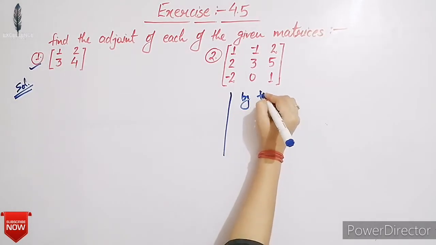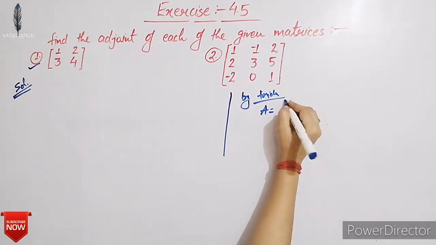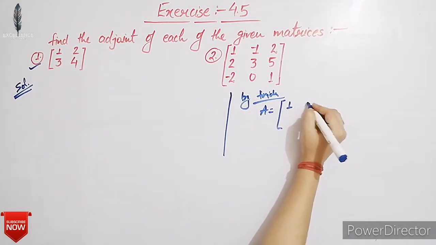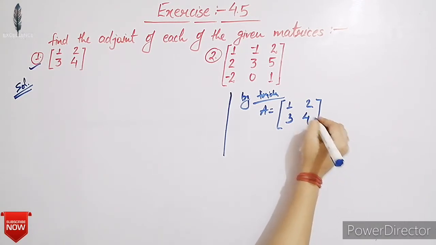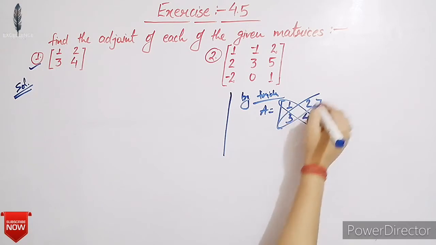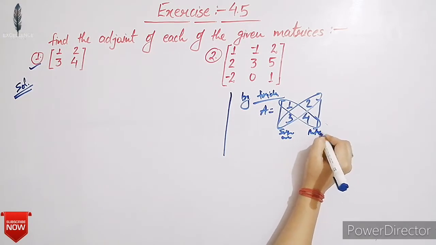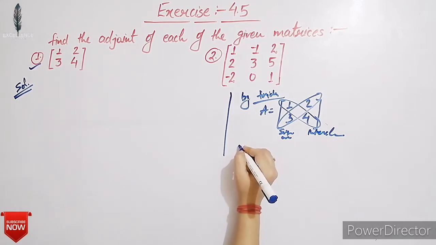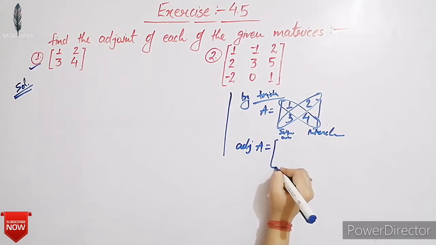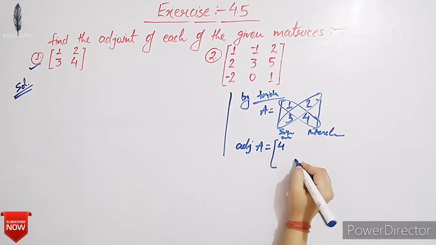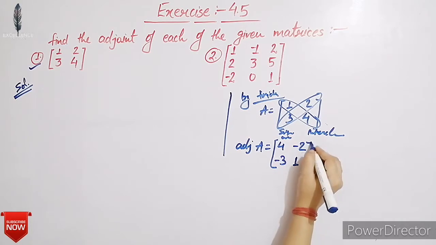So, using the trick, we can find the adjoint easily. Here, A equals 1, 2, 3, 4. And by the trick, these elements interchange, and for these elements only the sign changes. So, its adjoint is easily, here we have 4, 1, and here -2, -3.